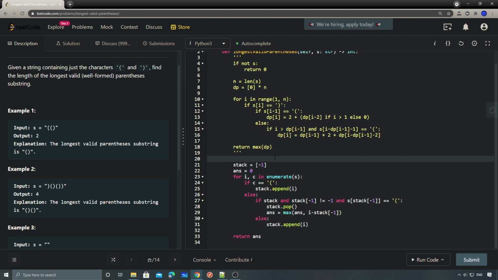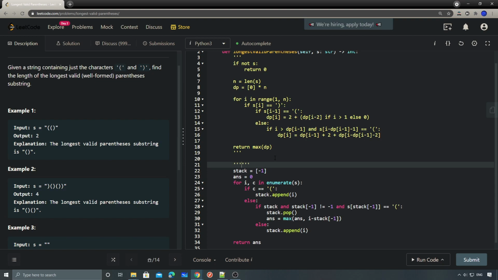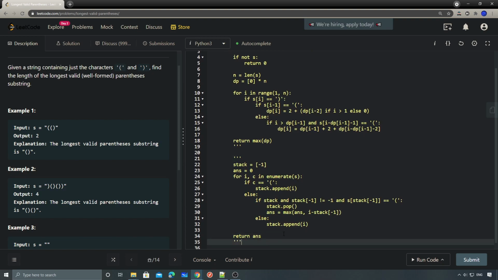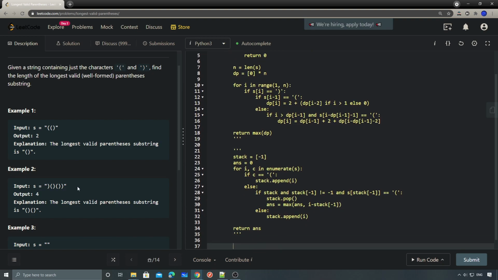Basically, for that solution, we'll be using counters to count the left and the right parentheses. For this kind of valid parentheses problem, it's a common strategy to traverse the string twice.